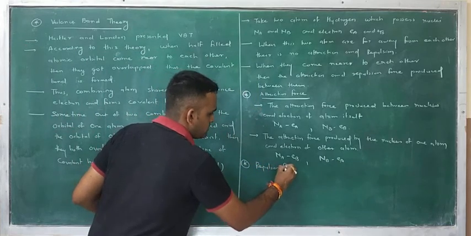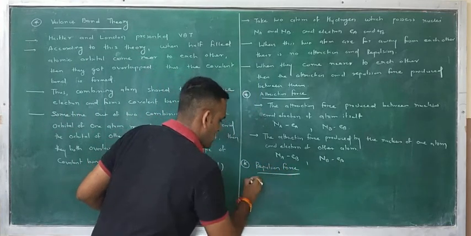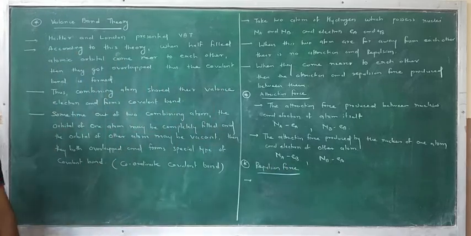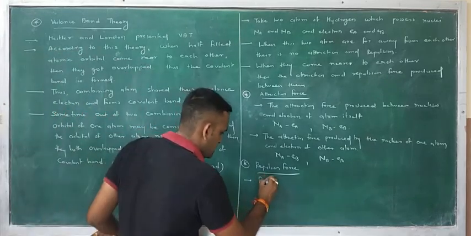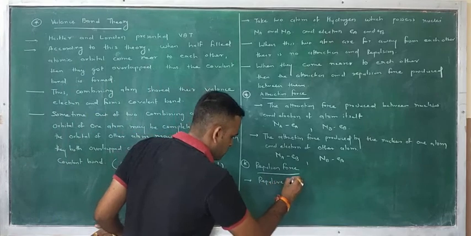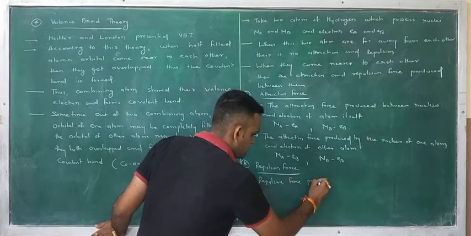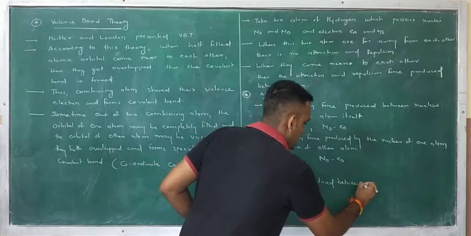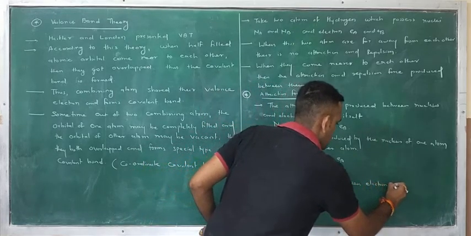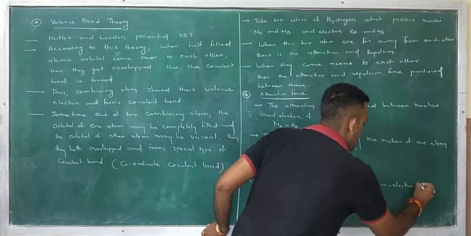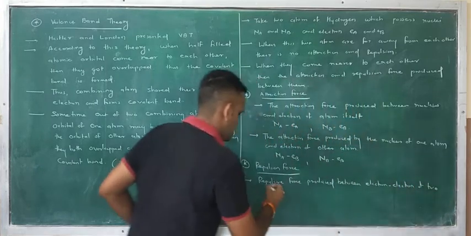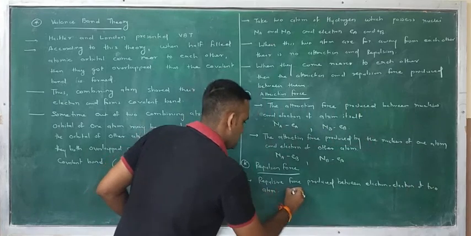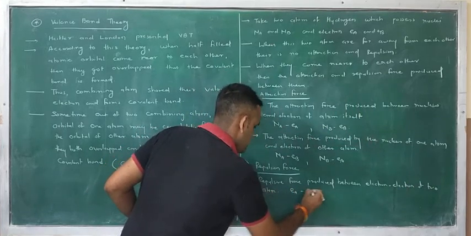Now let us write down the repulsion force. What is that? Between the nucleus there is a repulsion. So in the same way we can say repulsive force is produced between the electrons of two atoms, that we can say Ea and Eb.